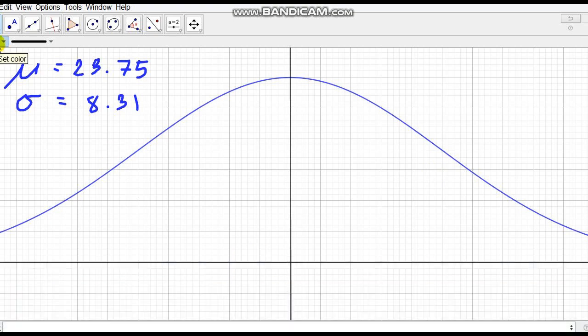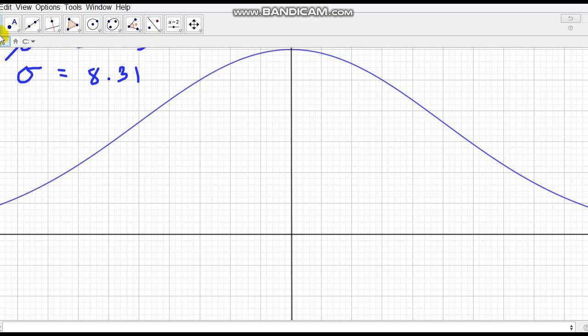Let's illustrate the problem first. First of all, we have the mean, 23.75, and that is the middle score because it's the mean. And we have standard deviations, 3 standard deviations below the mean and 3 standard deviations above the mean.